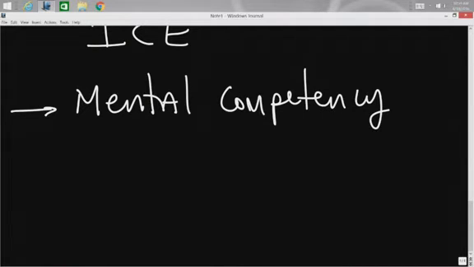Because of this case, all respondents who have some mental competency issues will have the right to receive a bond hearing within 180 days of being detained. Okay, so the number here is 180 days. But mental competency is an important thing that you will hear in court, and you need to know how to say it in the opposite language.